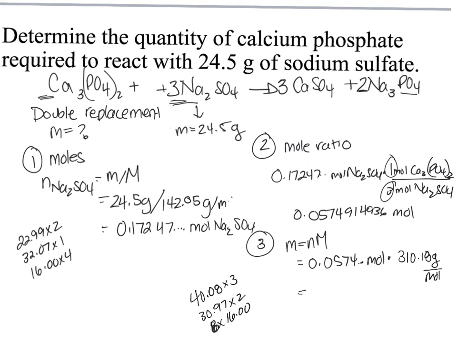So now we're going to take that 310 and times it by that 0.05749... And we want to have 3 sig figs, so I get 17.8 grams. Great. Try one more question.